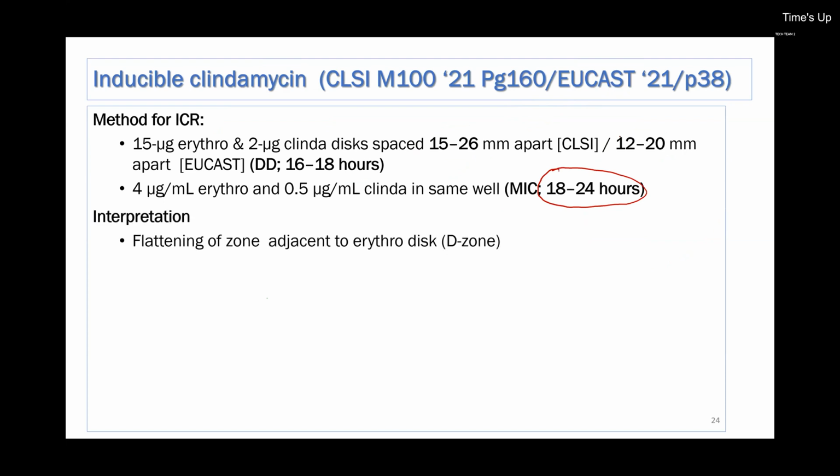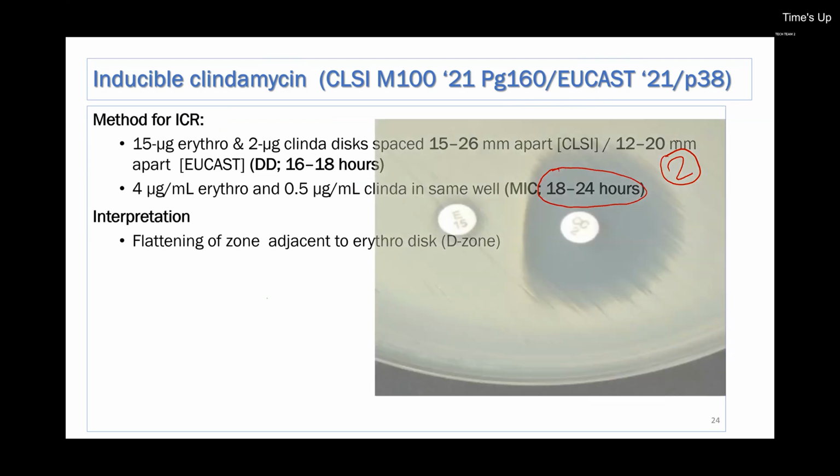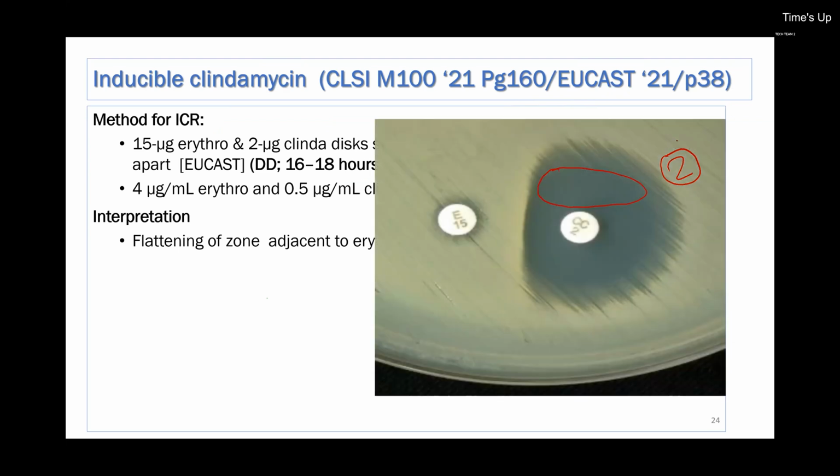How do we interpret it? For disc diffusion, there are 2 recommendations for interpretation. What is the most common recommendation that we all know? There should be a blunting. What is blunting? Suppose we place an erythromycin disc close to a clindamycin disc.